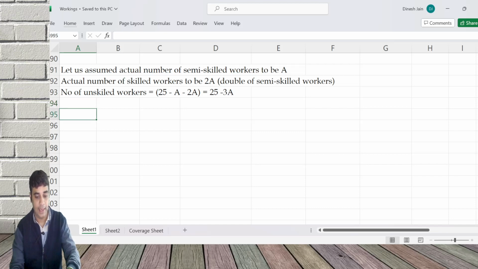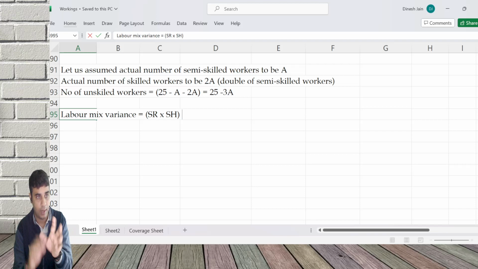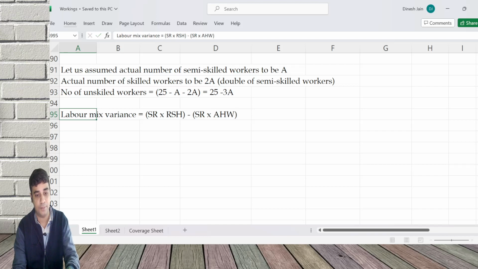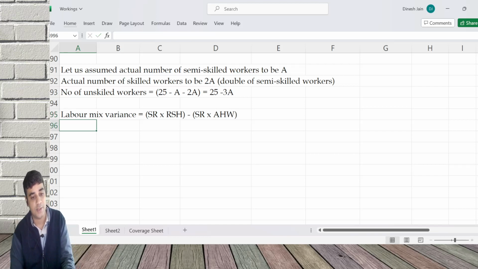Now, labor mix variance is equal to SR into RSH minus SR into AHW. In your table, don't write A, 2A and all, I can keep deleting, you cannot delete it. How much is the mix variance given in the question?